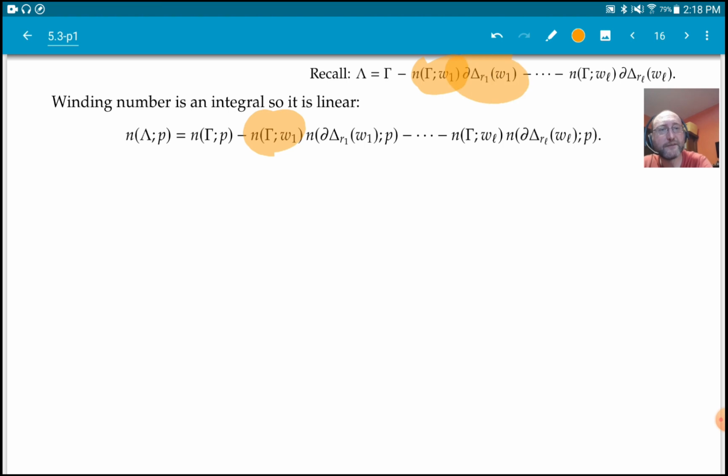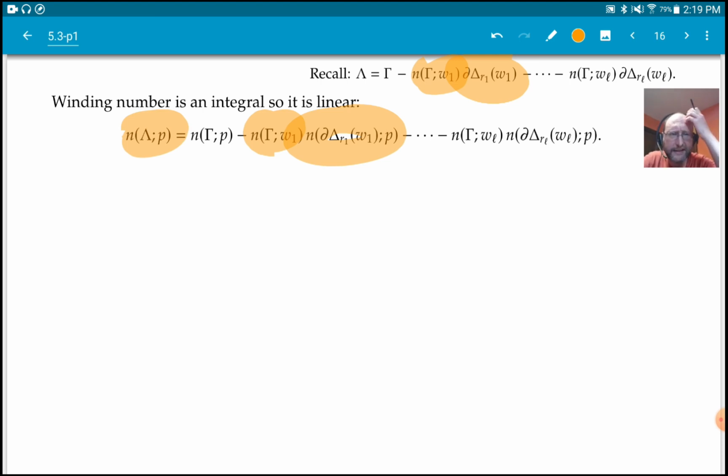And then we integrated around this, which gave us the winding number of that little circle around W1, around P.